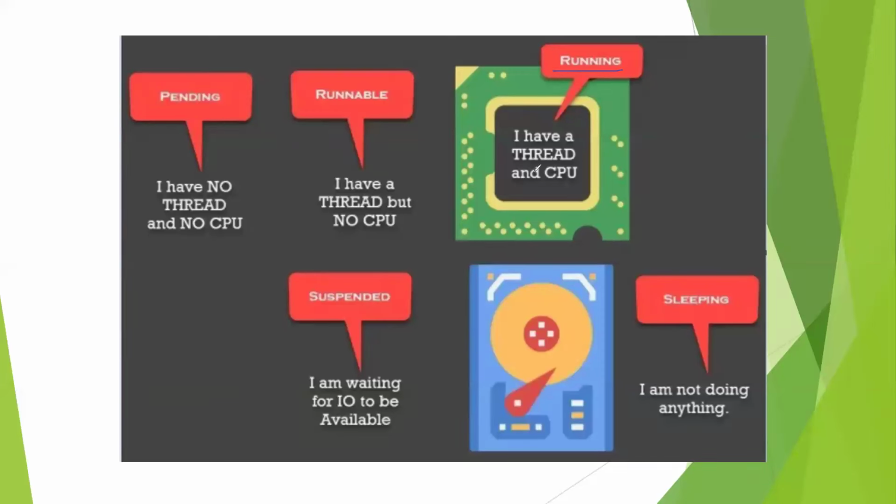The thread is currently running on the CPU itself. If the thread is currently running on the CPU, the status is running. So remember this point: only if the thread is currently executing on the CPU is the thread actually consuming CPU.